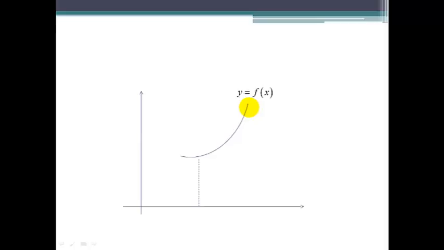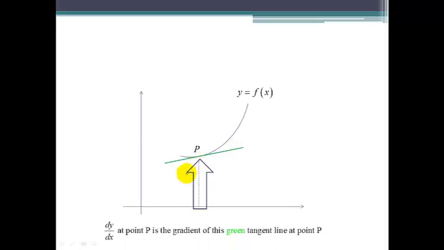I'm going to take a point, P, and I'm going to draw a green tangent line through point P. I am then interested to find the dy/dx at point P. The dy/dx at point P is basically the gradient of the green tangent line at point P. So that means I'm interested to find the gradient of this tangent line here.